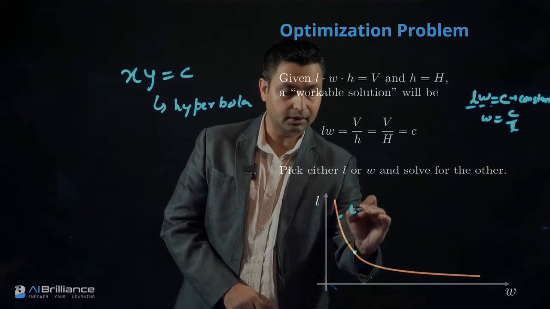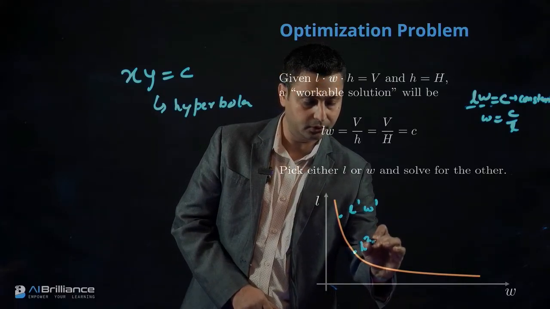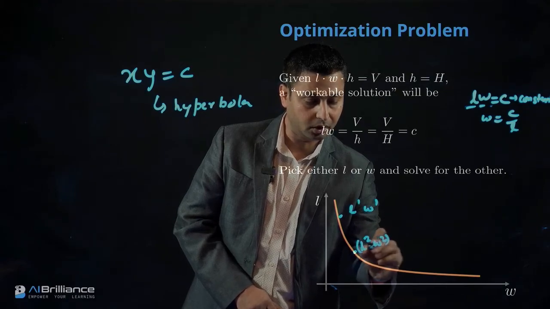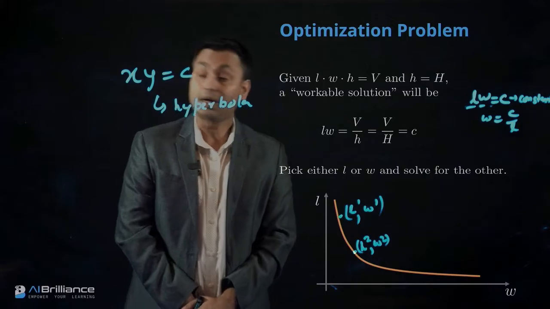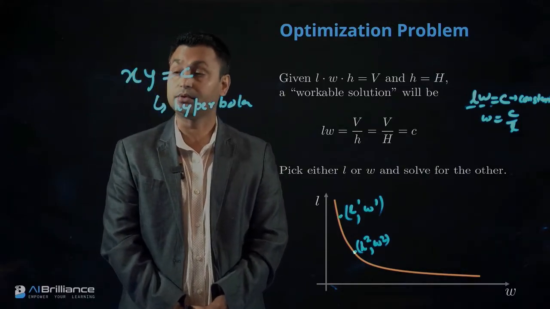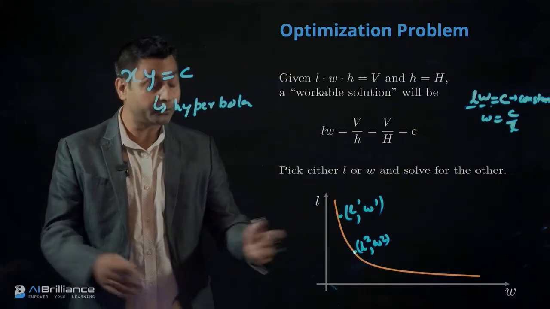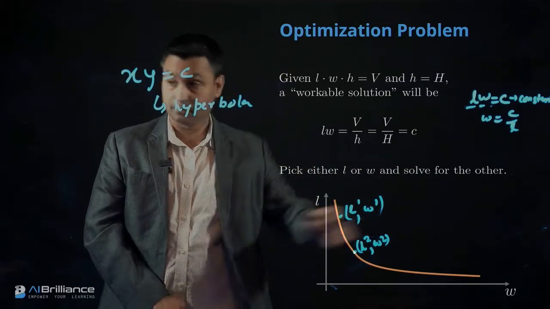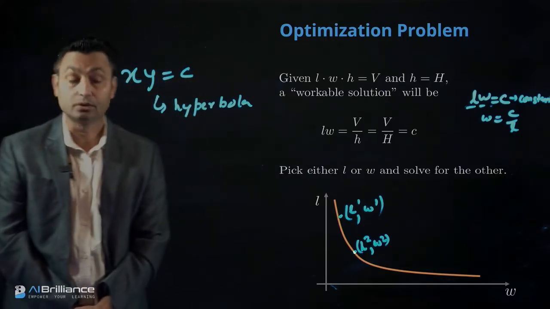So I can call this L1, W1, and I can call this L2, W2. And those combinations, L1, W1 and L2, W2, are a few solutions that will satisfy this equation.